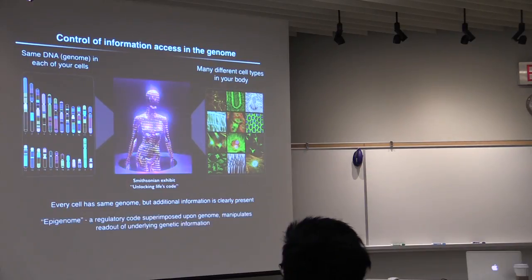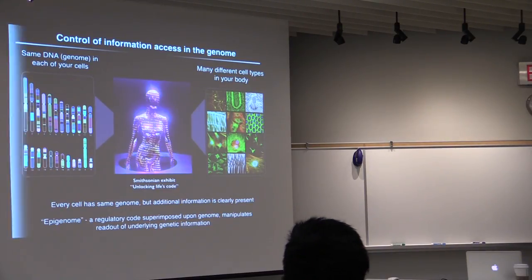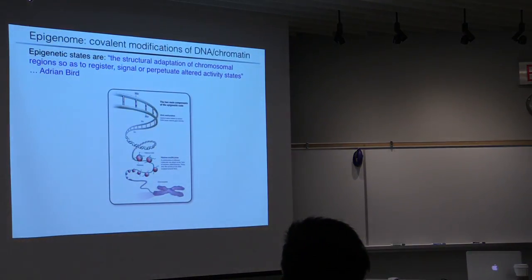This is meant for more of a lay audience, but I think it indicates that there is additional information that allows cells to create asymmetries that result in phenotypes like different cell types. Okay, that's kind of the general problem.